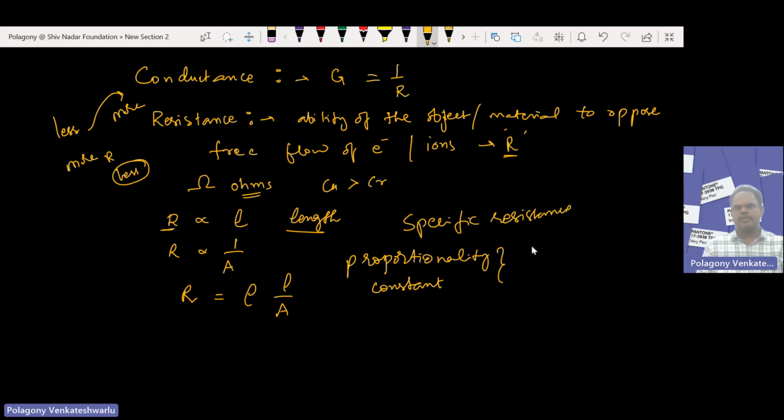So resistance is inversely proportional to cross-sectional area: as the cross-sectional area increases, resistance decreases.